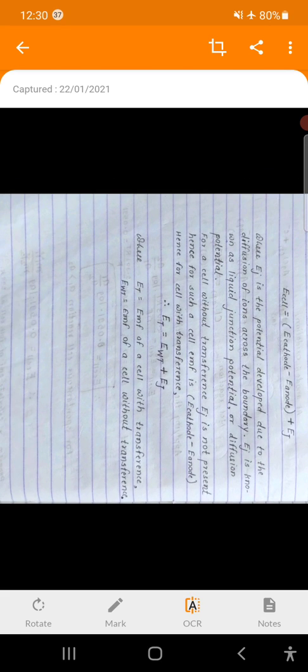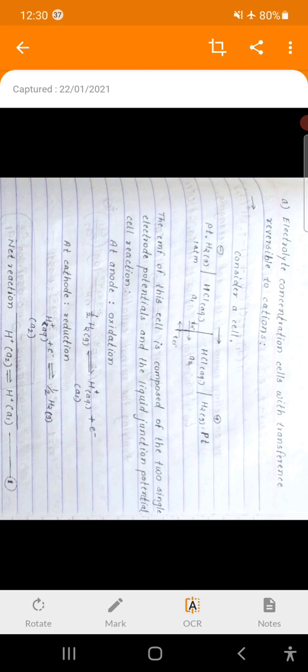Here we explain the first type of this cell, that is, electrolyte concentration cells with transference reversible to cations. Consider the example: platinum, H2 gas at 1 atmospheric pressure, dipped in HCl having activity A1. This HCl solution is in contact with another HCl solution having activity A2.